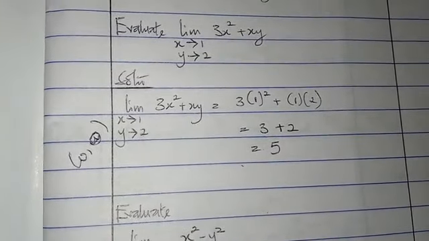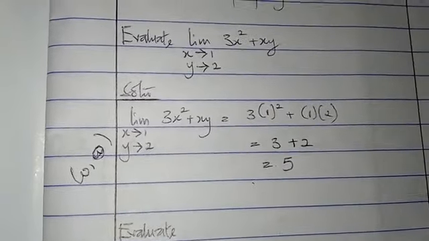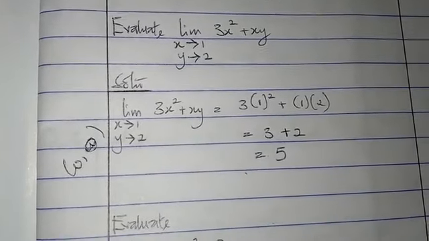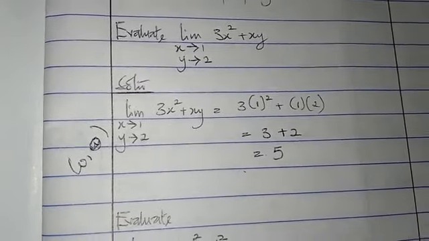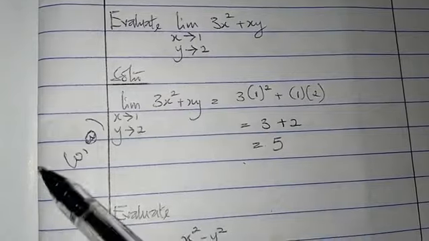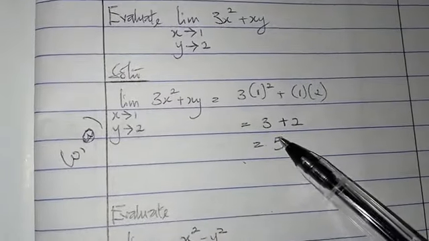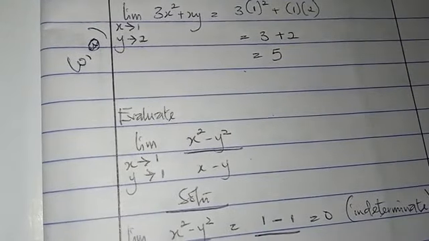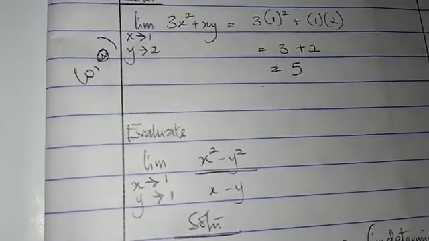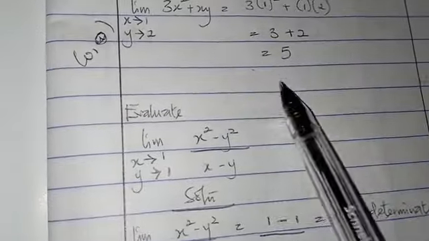There could be 0.1 for x, 0.2, 0.3 for y, 0.2, 0.4, 0.6, 1.2, like that, till it gets to 1 and 2. So the final answer is 5, but along the movement there are different values. So it's not like the definite answer is 5.